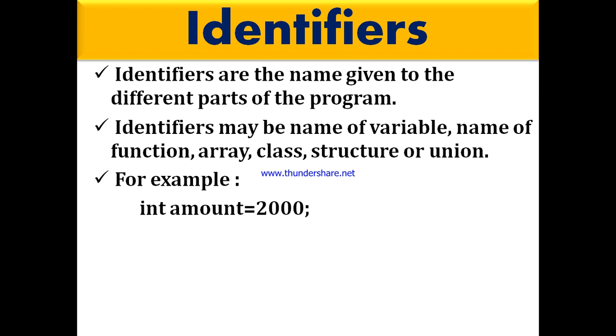For example, we have taken int amount = 2000. Here amount is a variable which holds the value 2000. We have given a name to this variable as amount, so amount is the identity of this variable, and that is why it is called an identifier.